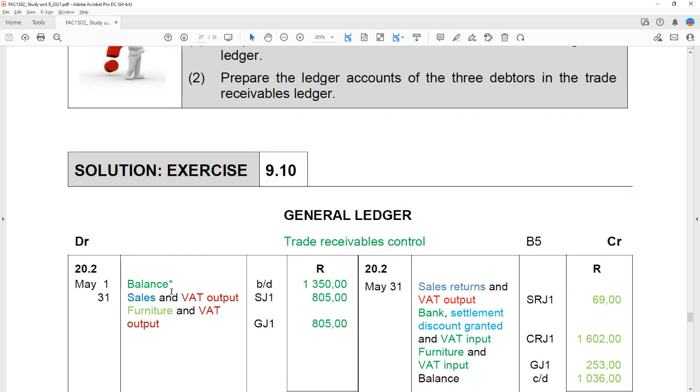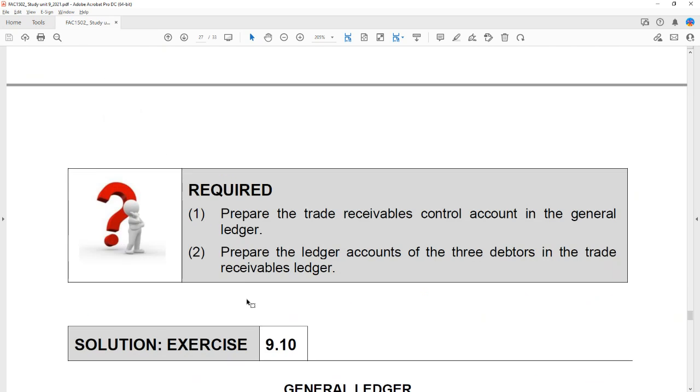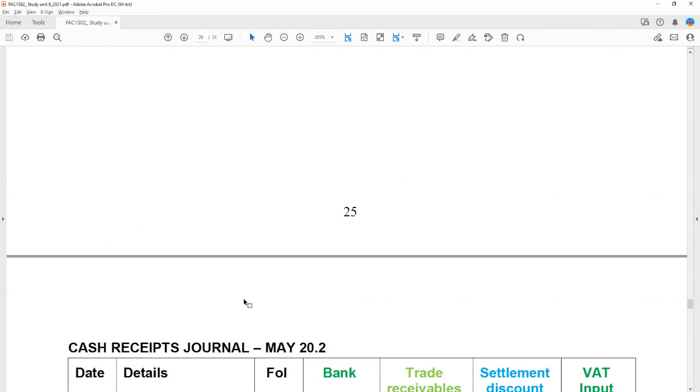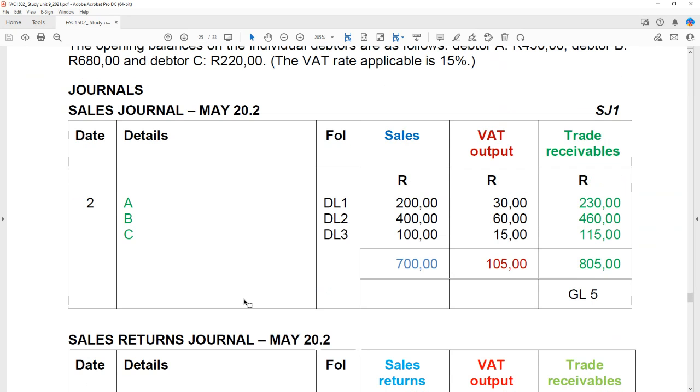Then we have our sales and VAT output, which comes from our sales journal, of 805 Rand. Now we said our trade receivables control account is only the total of our sales and VAT output. To illustrate that, let's go to the sales journal.